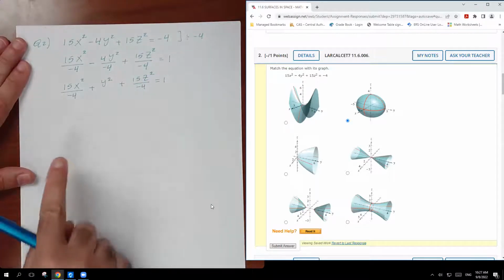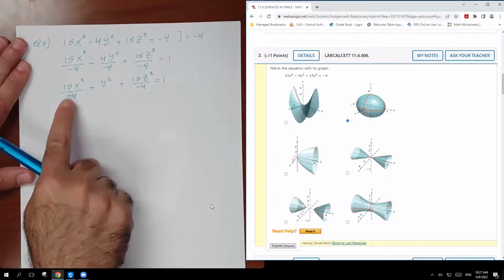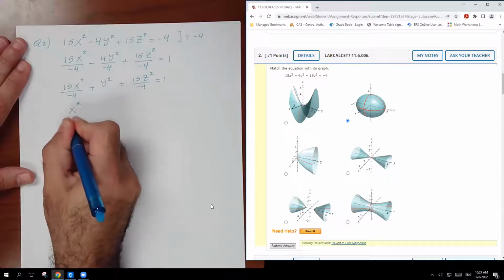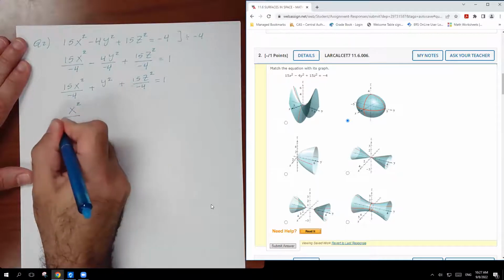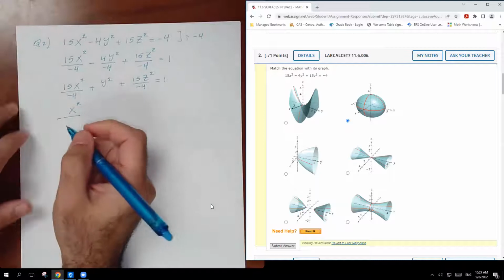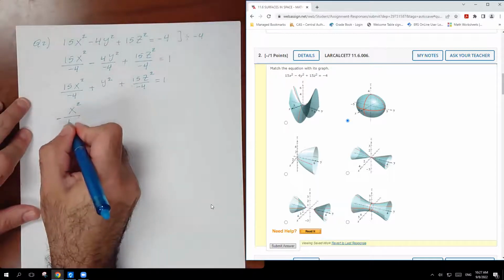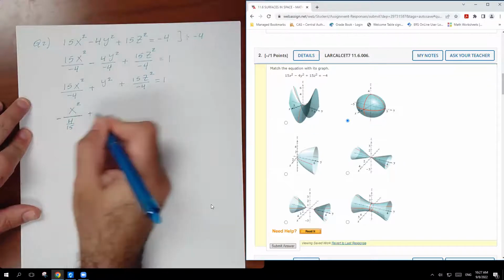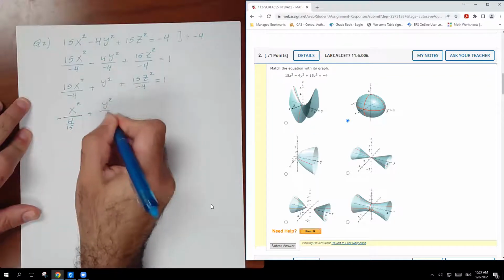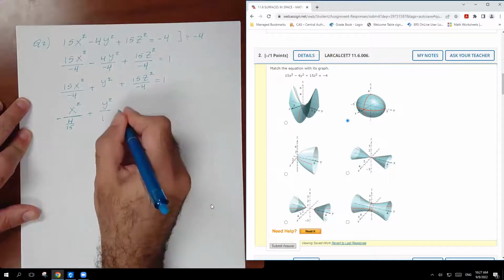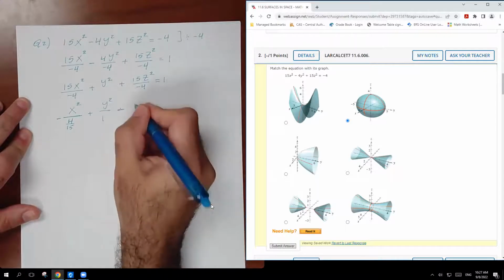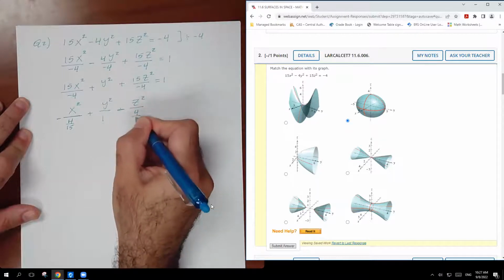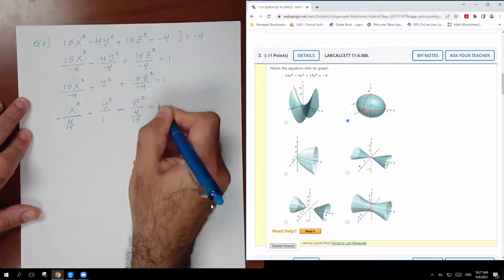Now I can rewrite this one again as negative x squared over 4 over 15, plus y squared, I can write down over 1, minus the same thing, z squared over 4 divided by 15 equal 1.